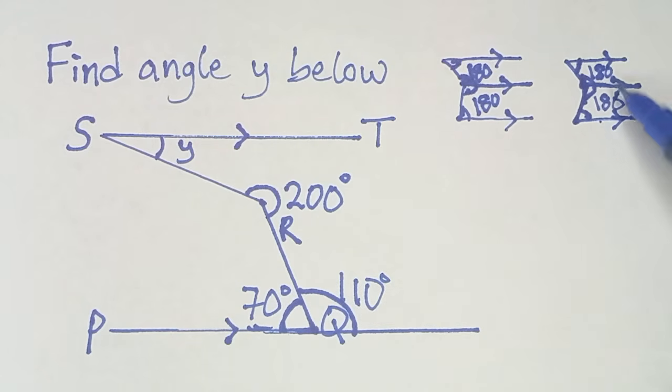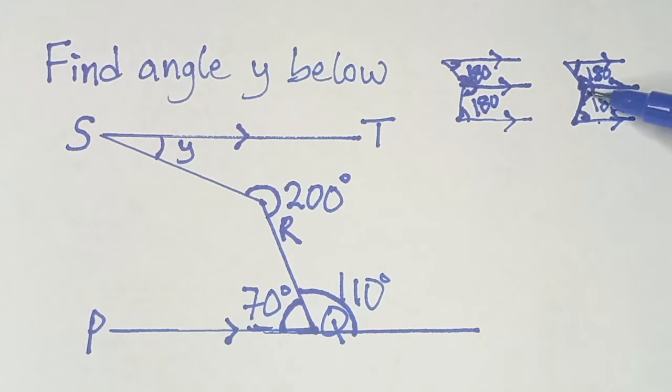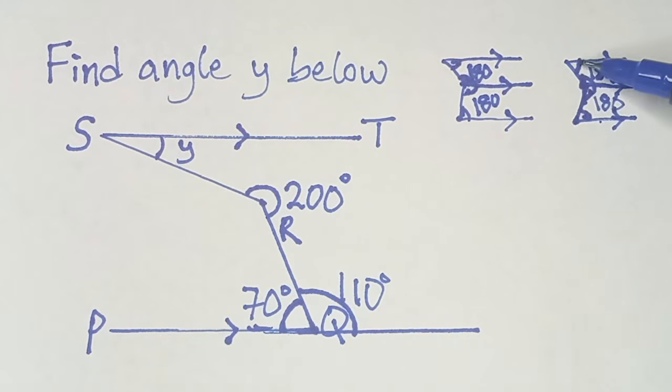Now, based on what I illustrated here, the sum of these two co-interior angles add up to 180. And these two co-interior angles also add up to 180. That tells us that the whole of these three angles here add up to 180 plus 180, which is 360.